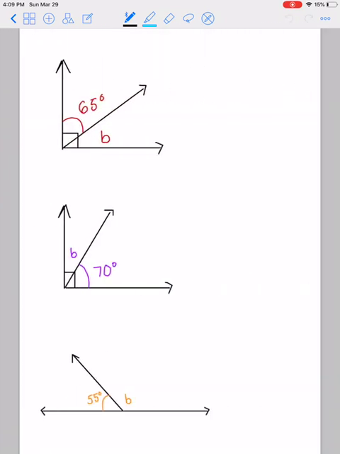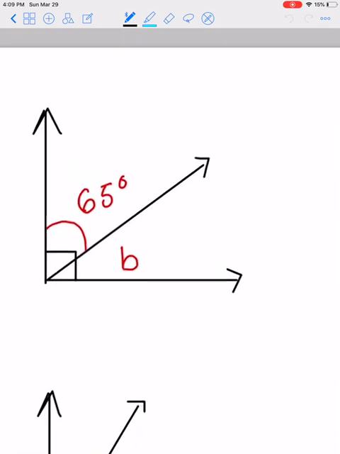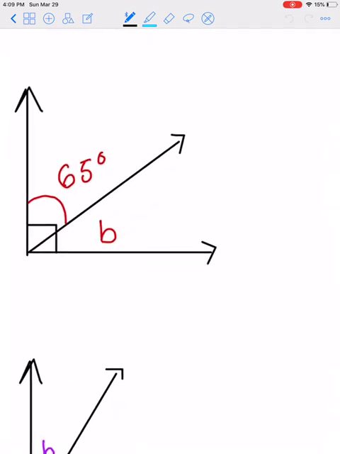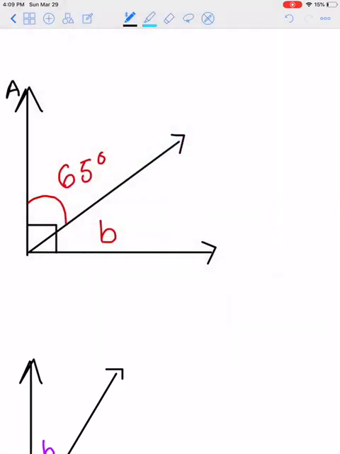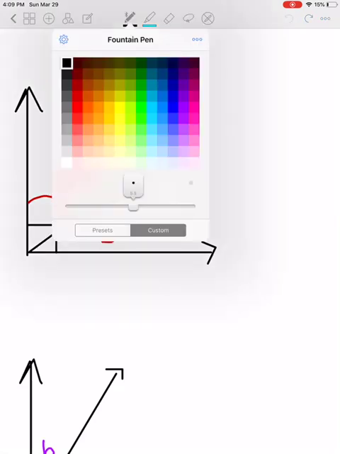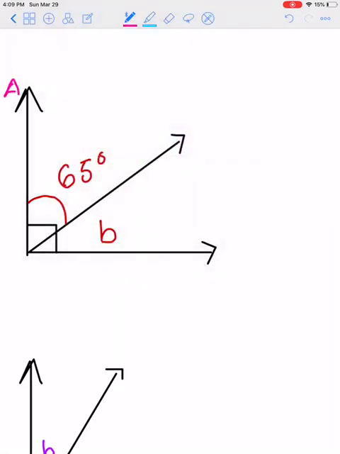So let's do some practice problems. I have 3 practice problems listed here. Now, just by looking at this angle, let's give it some names. So I wanted it in pink. So this is A, B, C, and D. So we know that angle ABD is 65 degrees.